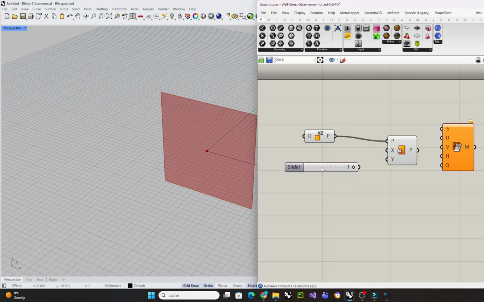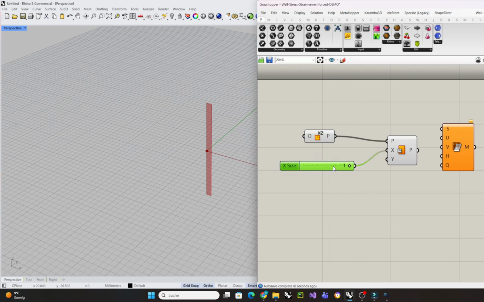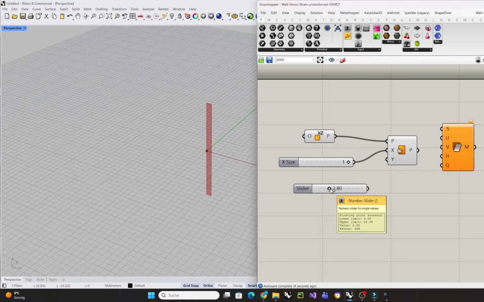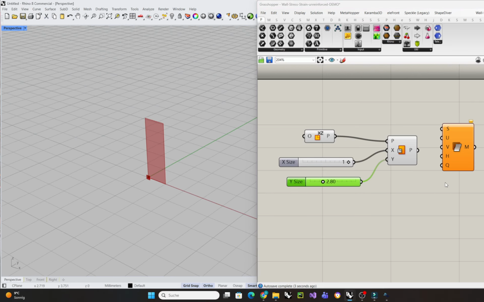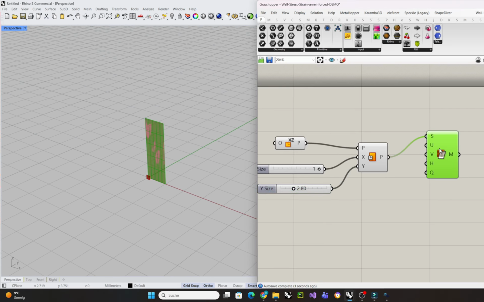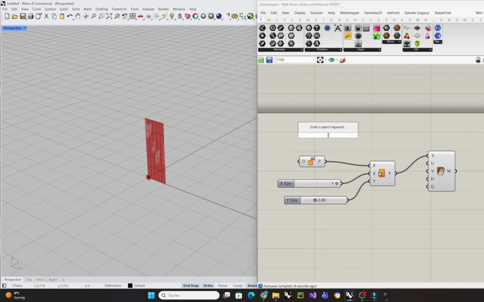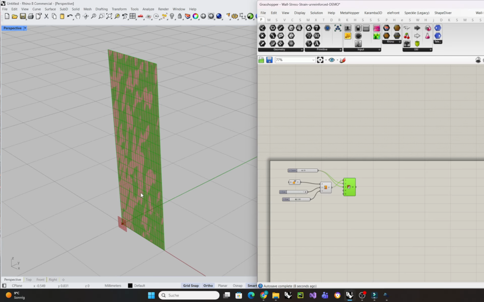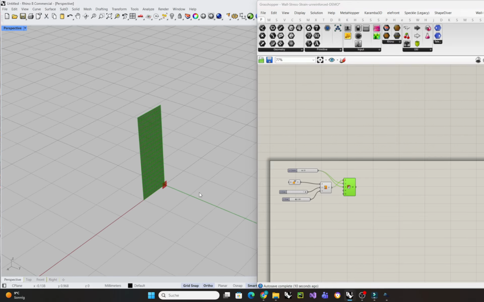And let's say the wall will be width 1 meter and height 2.80 meters. For the mesh density, let's take 20. Now this was the parametric part from Grasshopper.